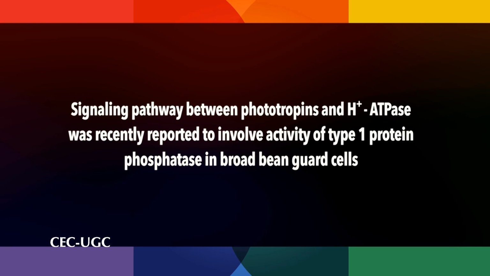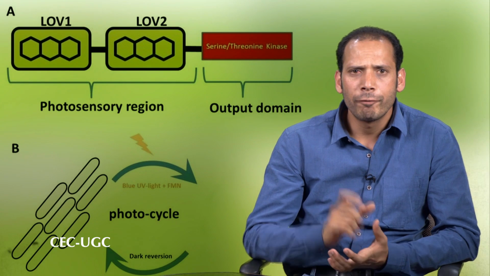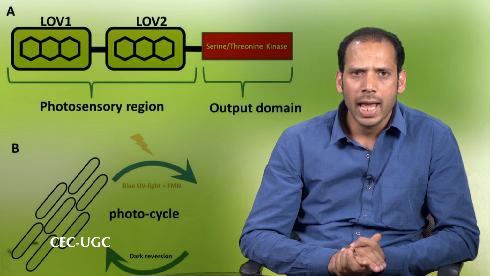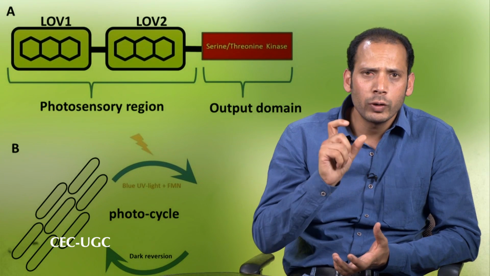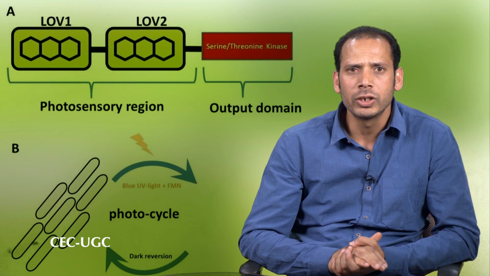Indeed, the signaling pathway between the phototropins and the proton ATPase was recently reported to involve the activity of type 1 protein phosphatase in broad bean guard cells. Further work is now needed to clarify the functional significance of 14-3-3 binding protein, especially since 14-3-3 binding protein to the phototropin has also been observed in etiolated seedlings.